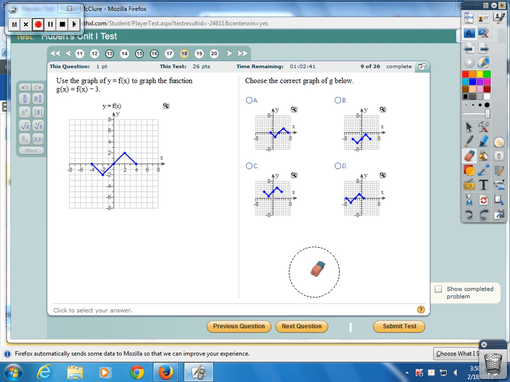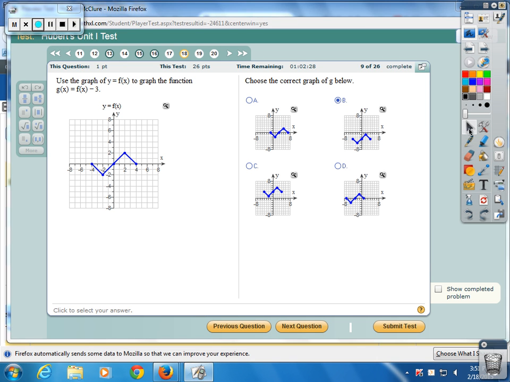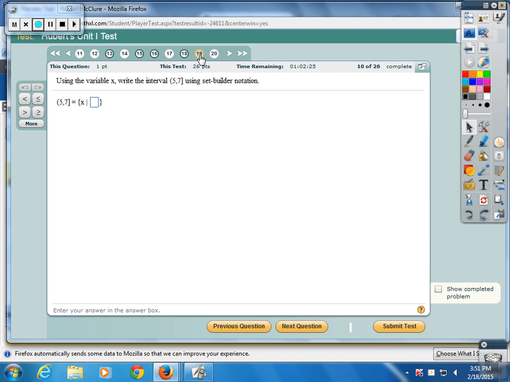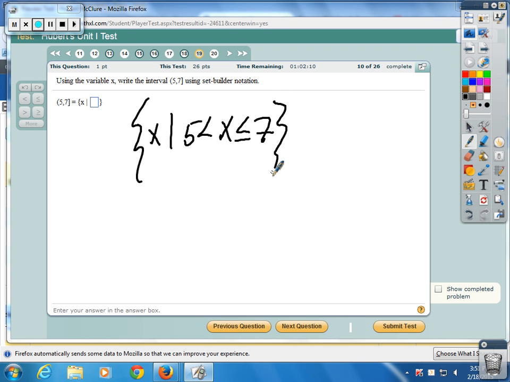So you look for this, only 3 down. See? Another gimme. Set builder notation. This is a gimme. x such that x is between 5 and 7. Well, that took a lot of work.